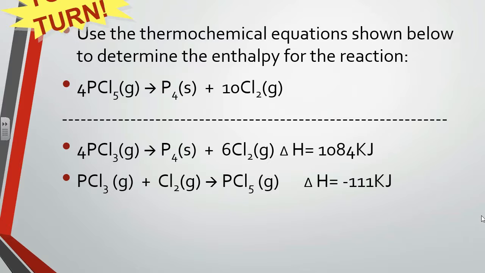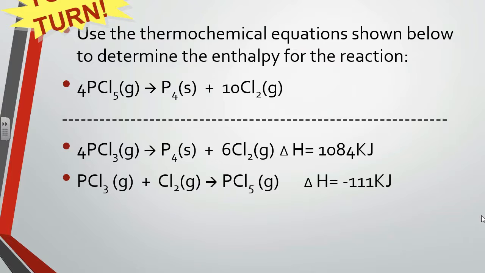Now, if I flip that whole reaction, that changes that sign, doesn't it? So that should now become a positive. Then you should have noticed that if I wanted to get to 4 PCl5, I'm probably going to have to multiply the whole equation by 4. Now I'm going to have to multiply that whole thing by 4 as well, aren't I?